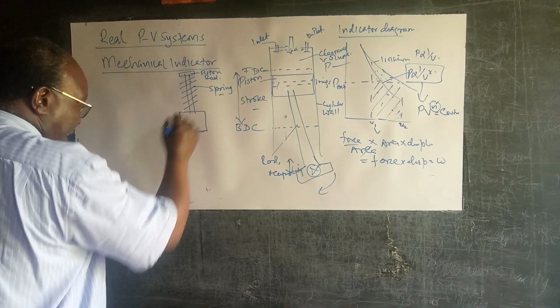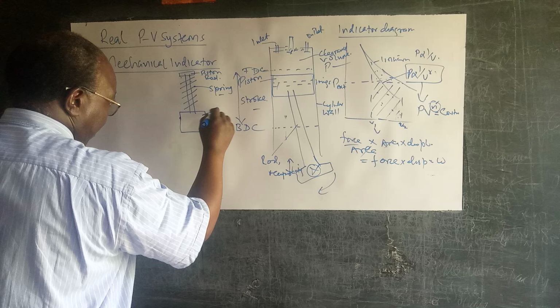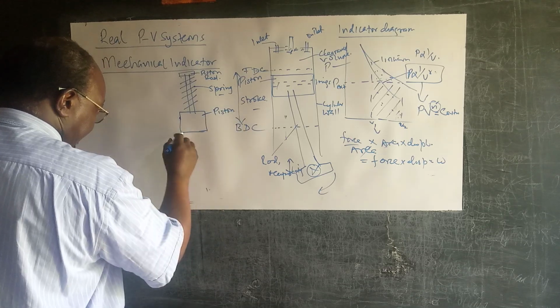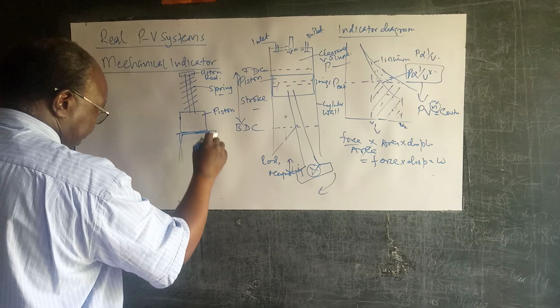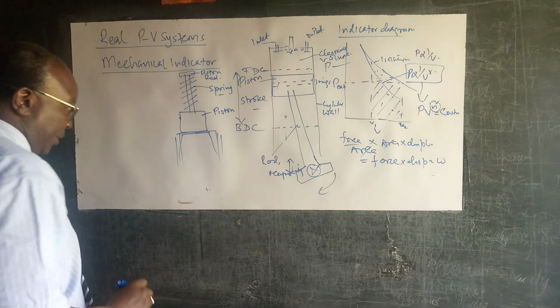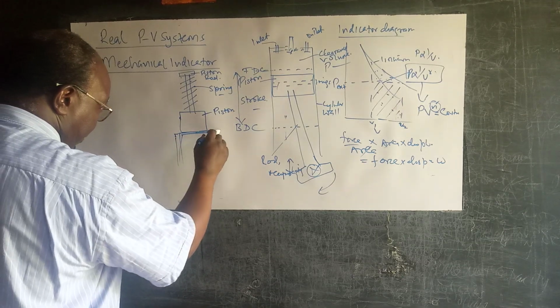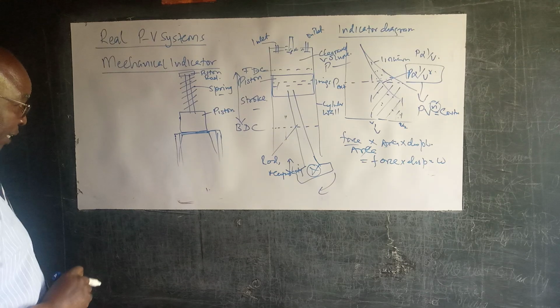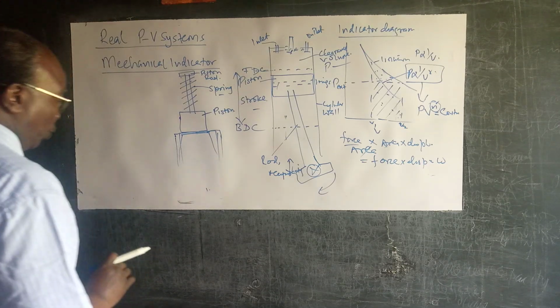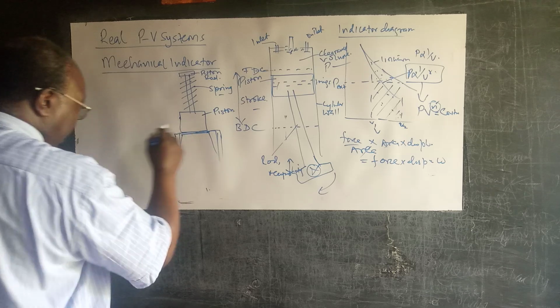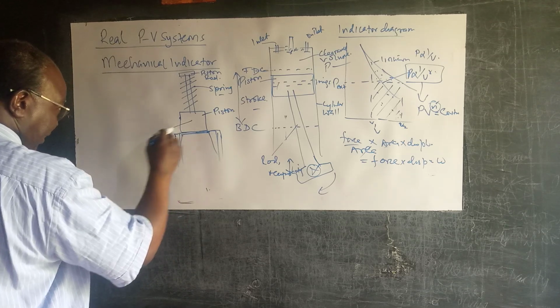Now, the spring constant, so we have the piston, and let's say that it's mounted on some mechanical support unit. With this piston, we have a stylus interface to it.